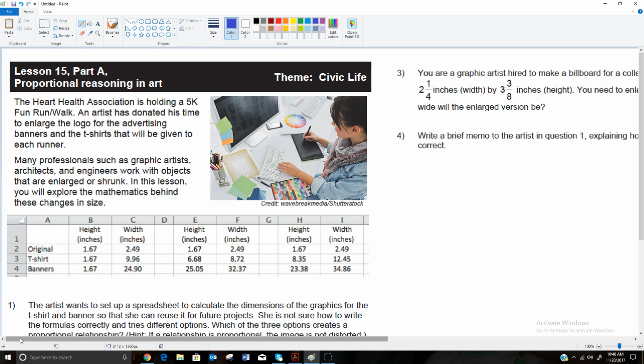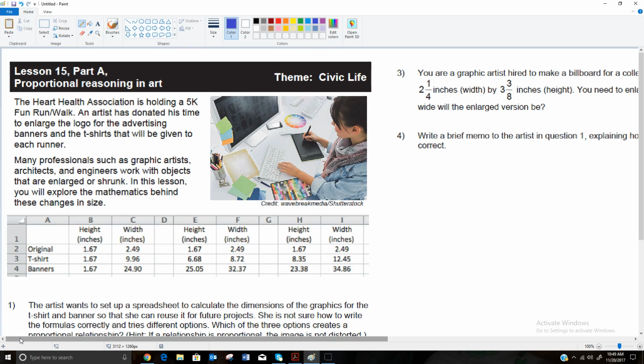to the runners. So when you're a professional like a graphic artist or an architect or an engineer, you have to often take things that are a certain size and either enlarge them or shrink them. When you do that, you don't want the logo to look different. You just want it to look smaller or bigger.